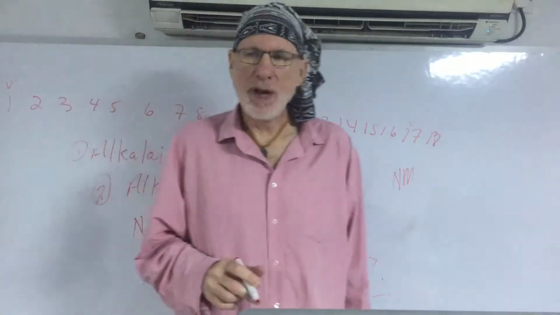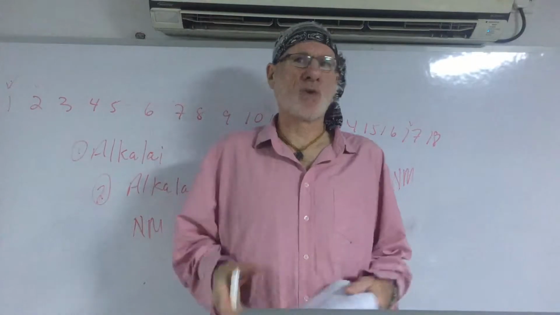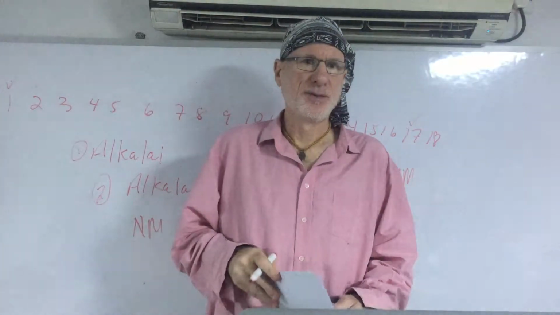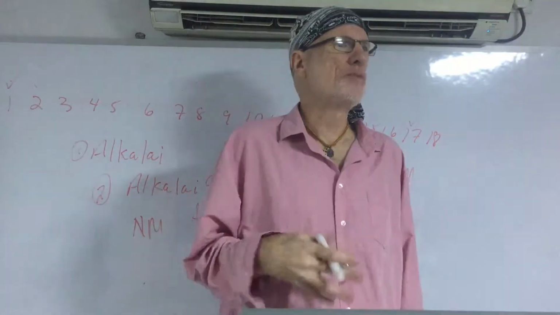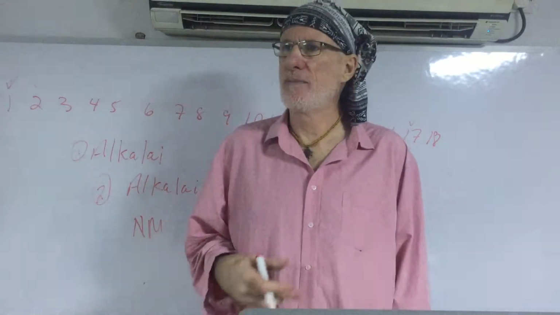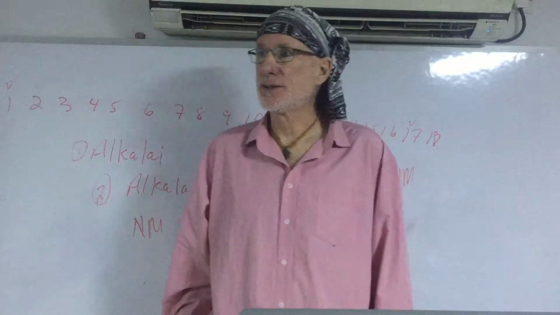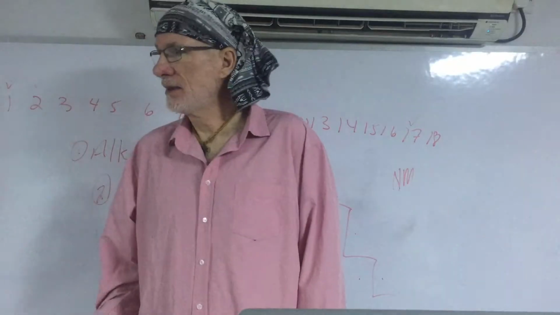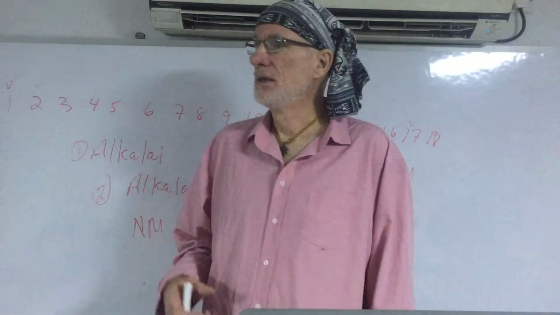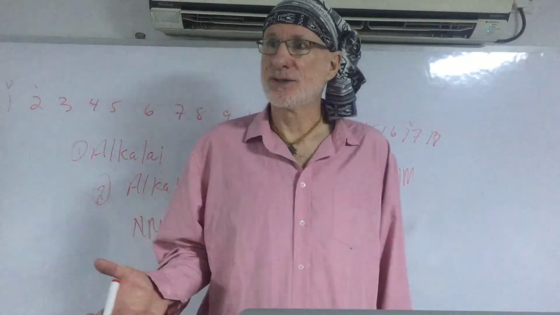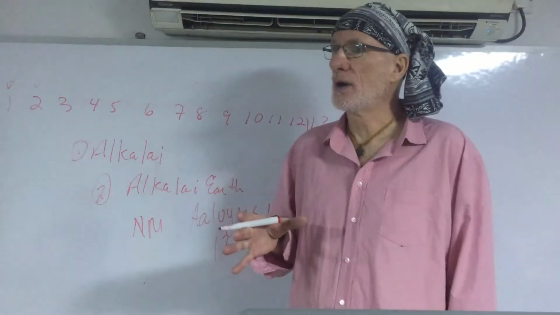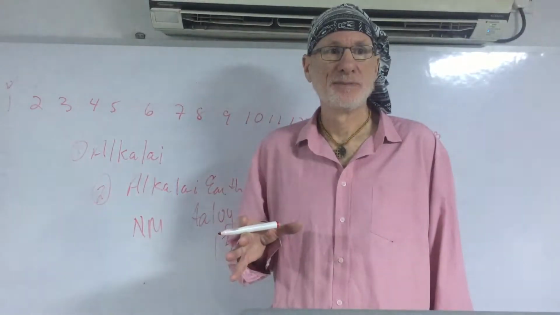If you could describe the non-metals in terms of room temperature, what do they look like? They are mainly solids. Carbon, silicon, phosphorus, they're all solids, with the exception of what? Which ones are gases?